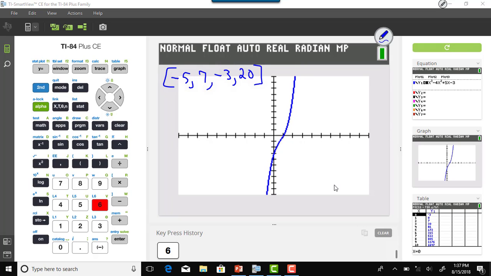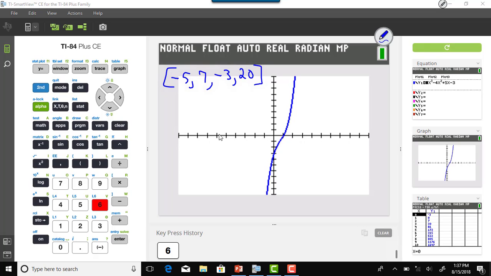But if you ever see anything like that, then what it's telling you is they want you to use these values for your window that I have here. So in order, this is my X minimum, my X maximum, my Y minimum, my Y maximum. Those are what's going to adjust my window.